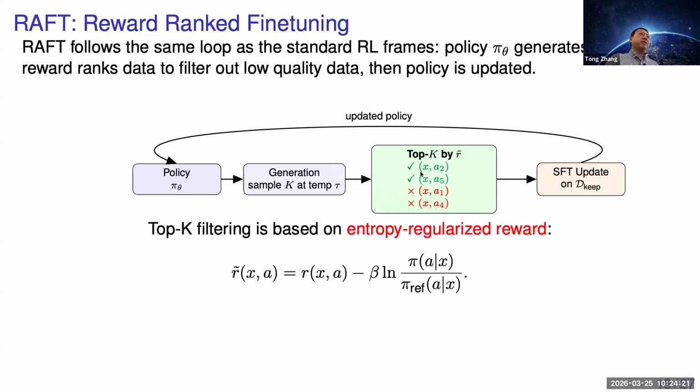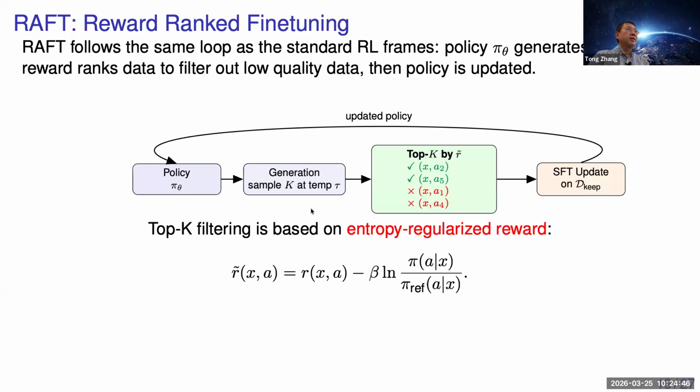Basically, you form SFT data, and you just remove the lower quality data based on your reward. This is an RL loop, because each time you are using better data according to a reward model, and then after that you are generating using your policy, and you are iterating.